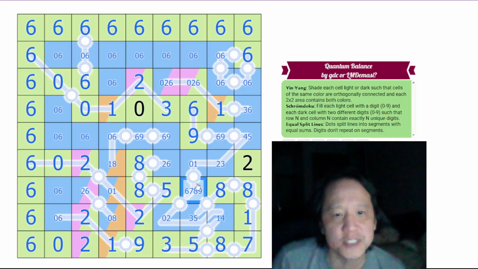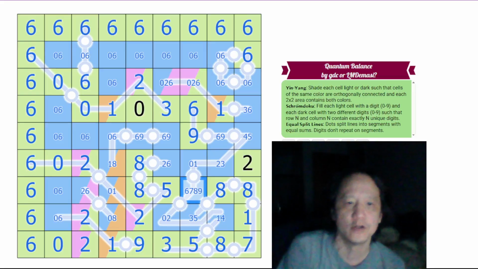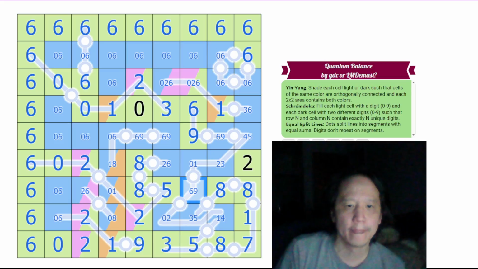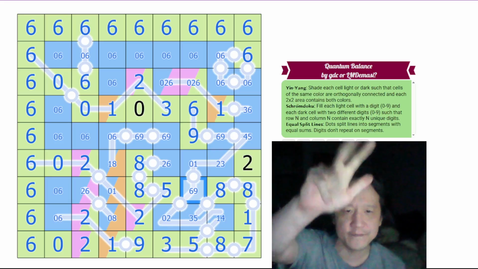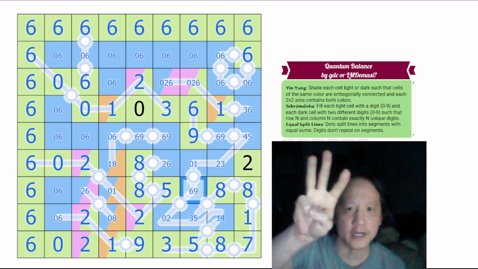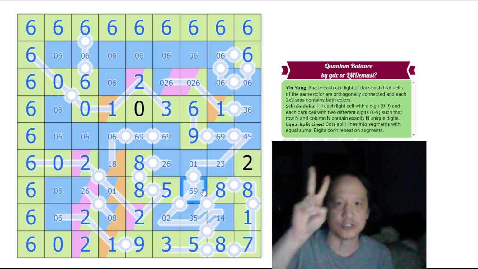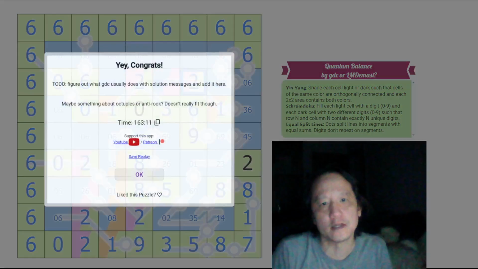If we have 7 and 8 here, that's 2 unique digits, which is not possible. So this has to be 6, 9. We can't add 7 and 8 because that would be 1 digit too many. So we have to have 6 and 9, which means this must be a 2.